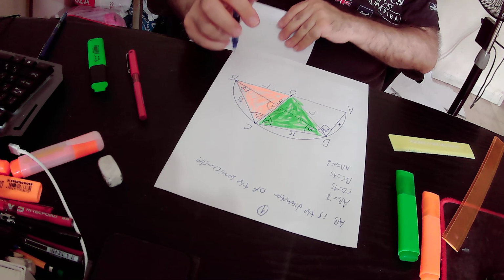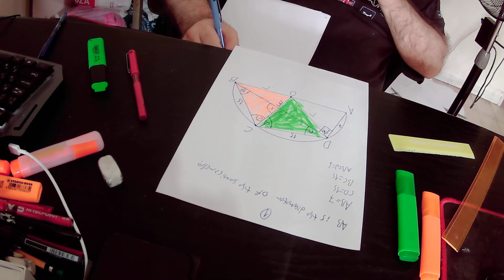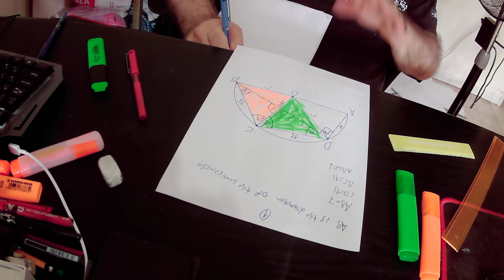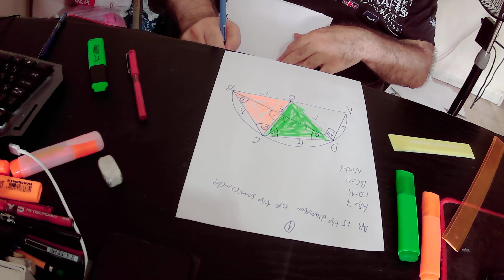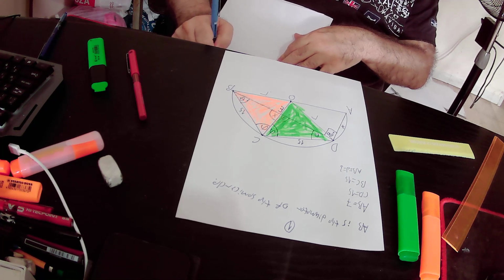So angle DEB, according to rule number 3, is equal to 180 degrees from one side.